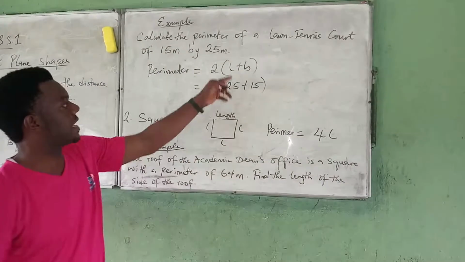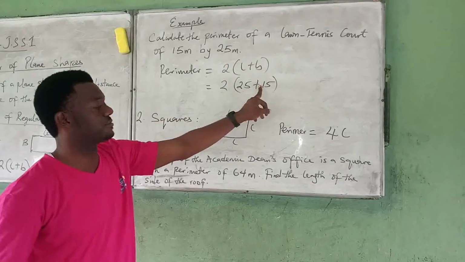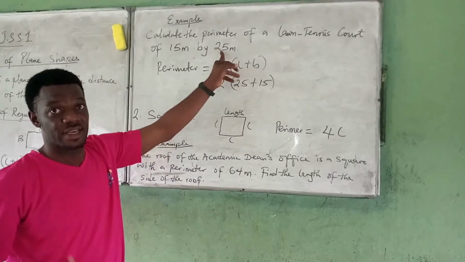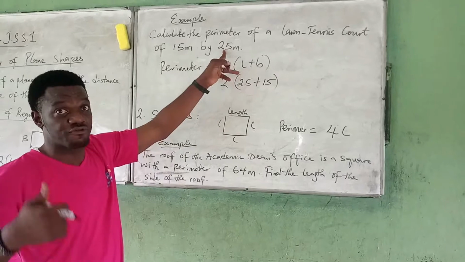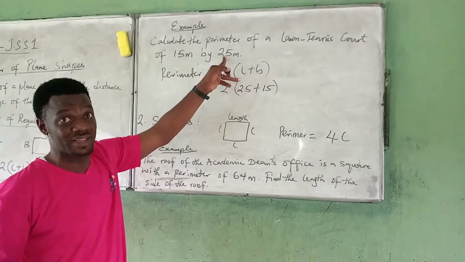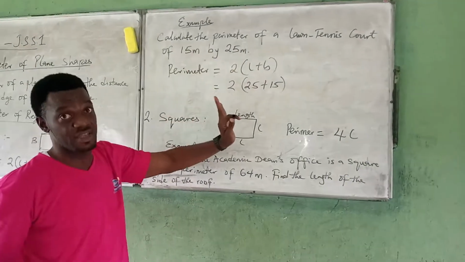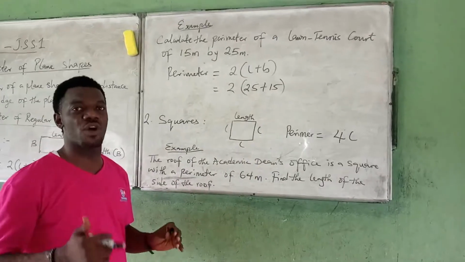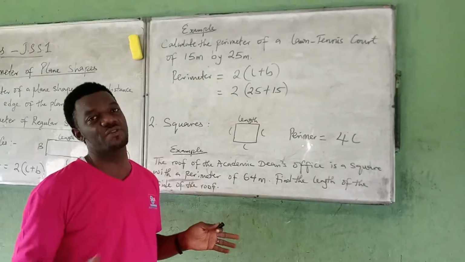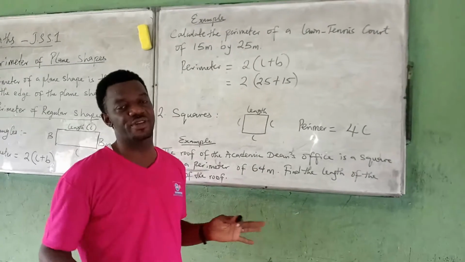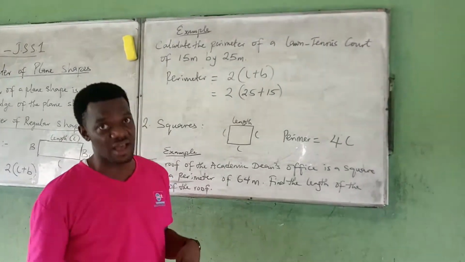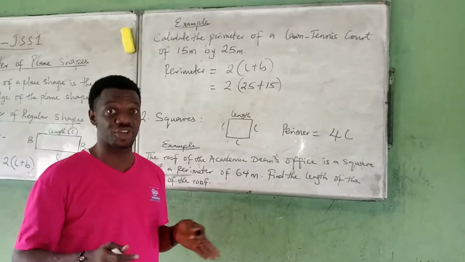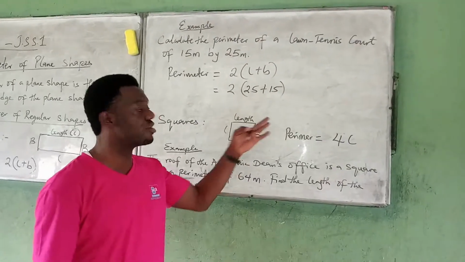We have substituted the length with 25 and the breadth with 15. And remember that once you calculate the perimeter, you have to be conscious of the units. The unit here is meter, so the units are the same. When you are working with units, they can give you different units like cm and meter coming together, so you have to make sure that they are in the same unit before you start working.